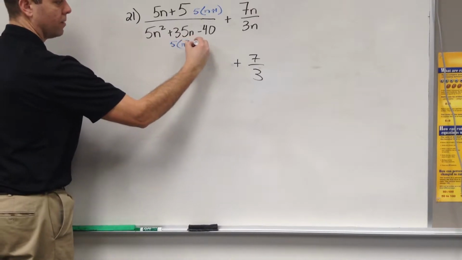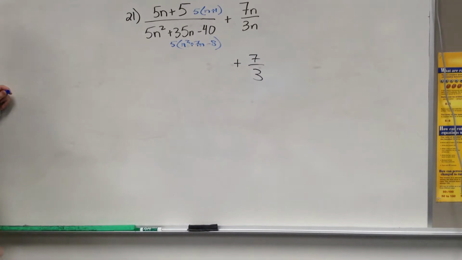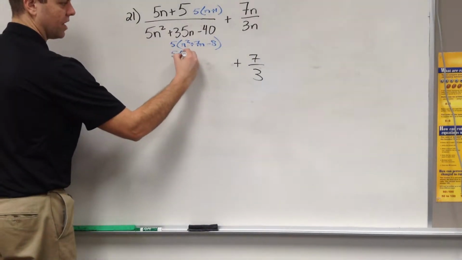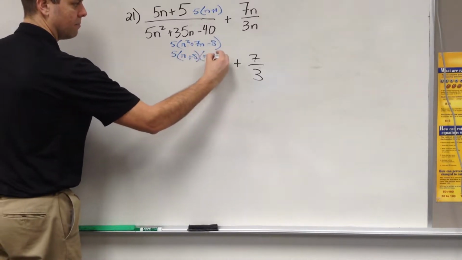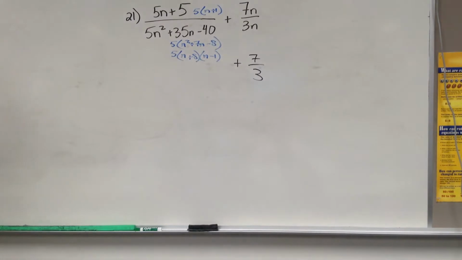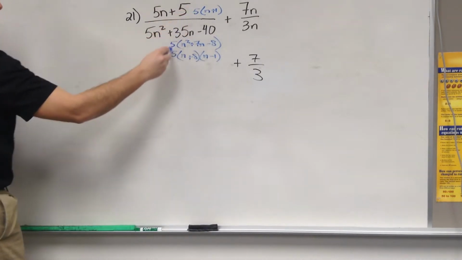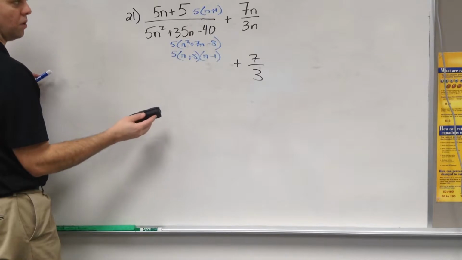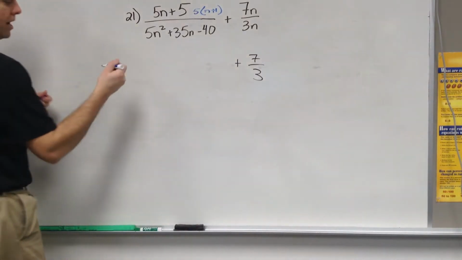I'd have n squared plus 7n minus 8, which is 5 times n plus 8 times n minus 1. So if I look at that, my 5's would cancel. You guys see that? So all I'm left with then is n plus 1 over n plus 8 times n minus 1.